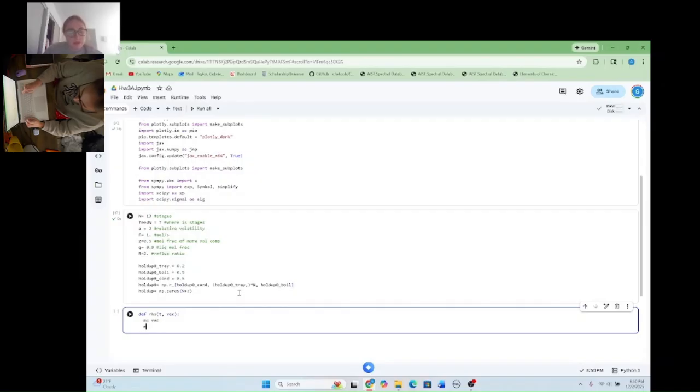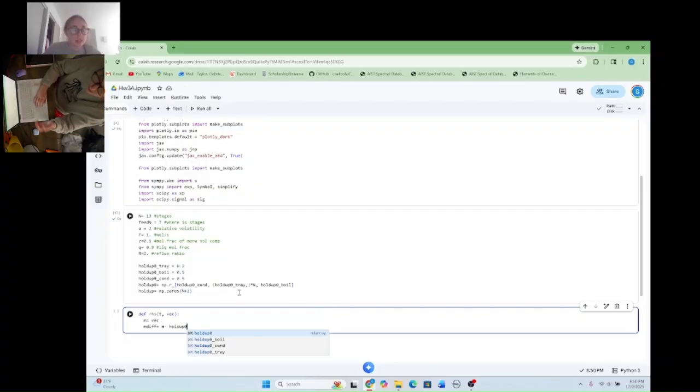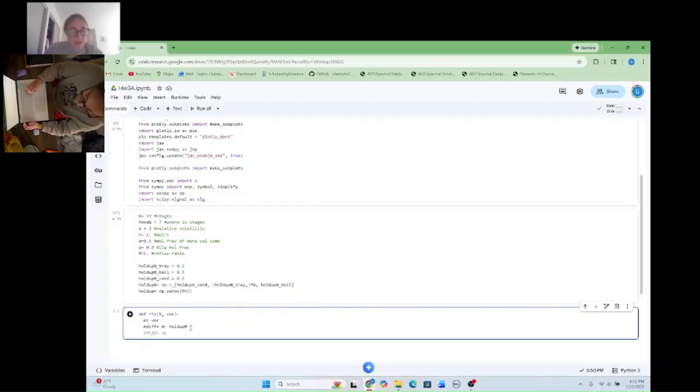We want to find the m difference, m minus our holdup. So the original steady state minus what our mole holdup is going to be currently, and that will be our m difference.